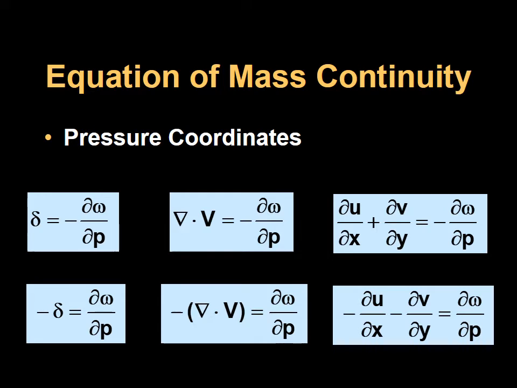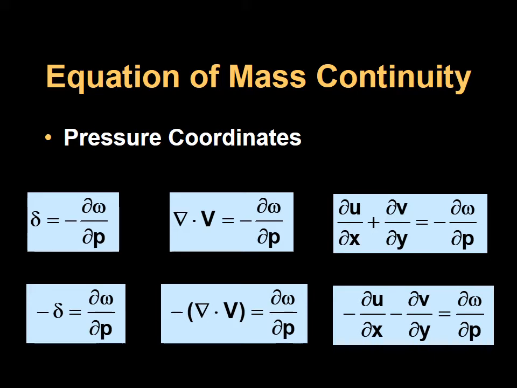But regardless, this is what the equation of mass continuity looks like in pressure coordinates. Omega is your vertical velocity. It's the change in pressure with time. And then using pressure coordinates, instead of the dz, we've got dp in the bottom.